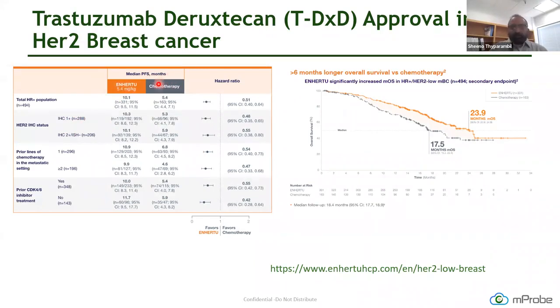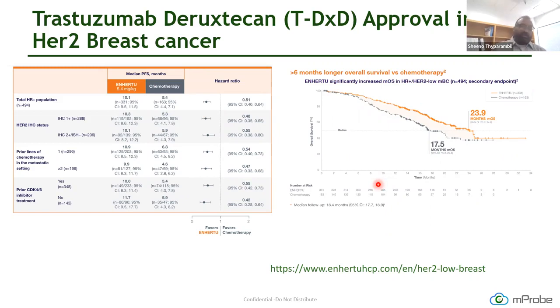The overall survival in this particular group of HER2 low, so we are classifying this as HER2 low, is 24 months compared to 17 months if you were just going with chemotherapy. This pretty much has opened the floodgates for the HER2 low population, and the FDA recently approved this drug.